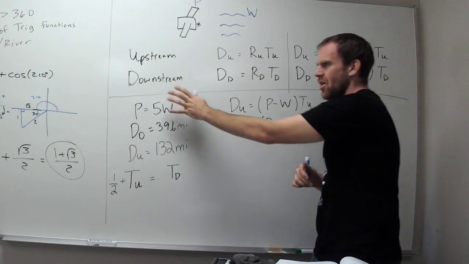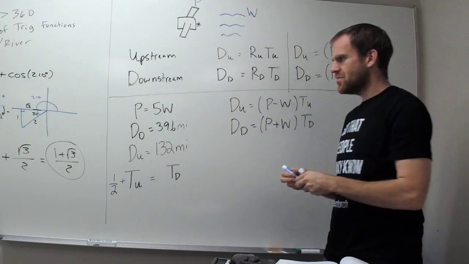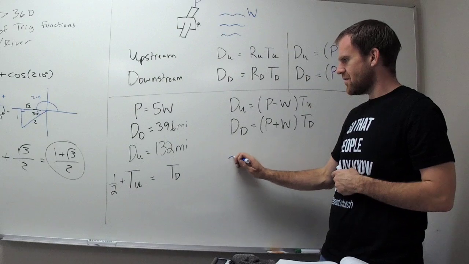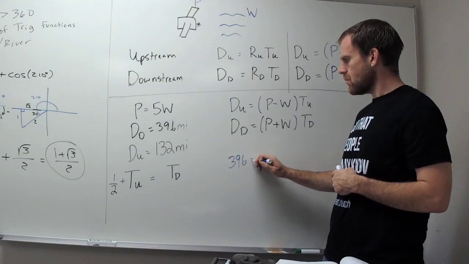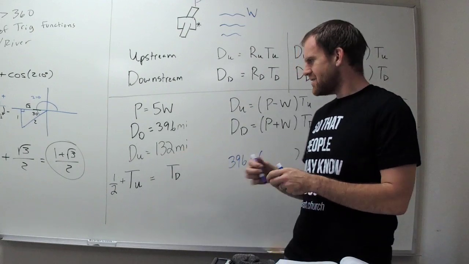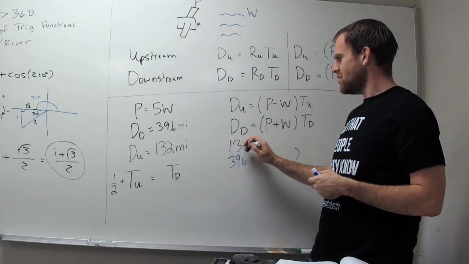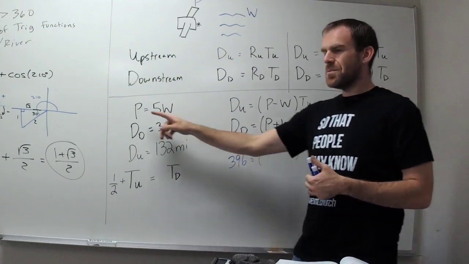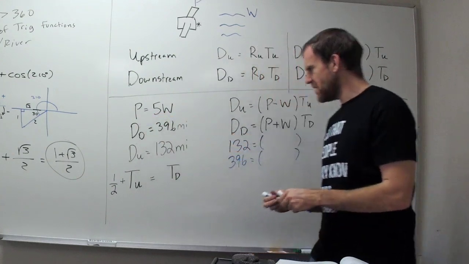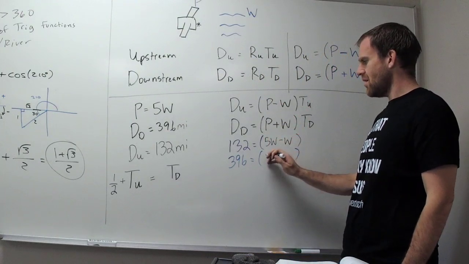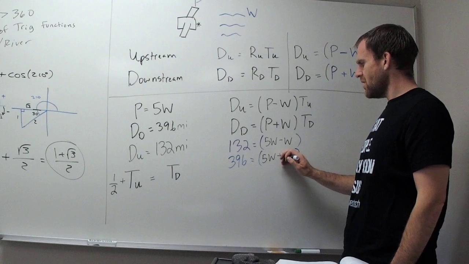First, I'm going to plug in all of the information that I know. So I know distance downwind is 396. I know that distance upwind is 132. I know that the plane is 5 times the speed of the wind. So I have 5W minus W and 5W plus W.